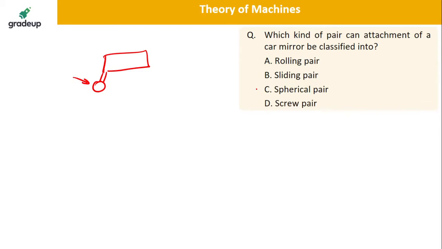This is a spherical pair, like this, with 360 degrees of rotation. Spherical pair we are using in a car mirror. Option C. Let's proceed to the next question.